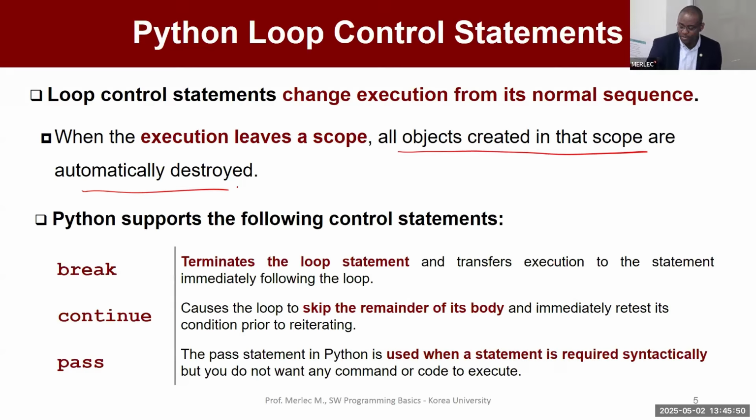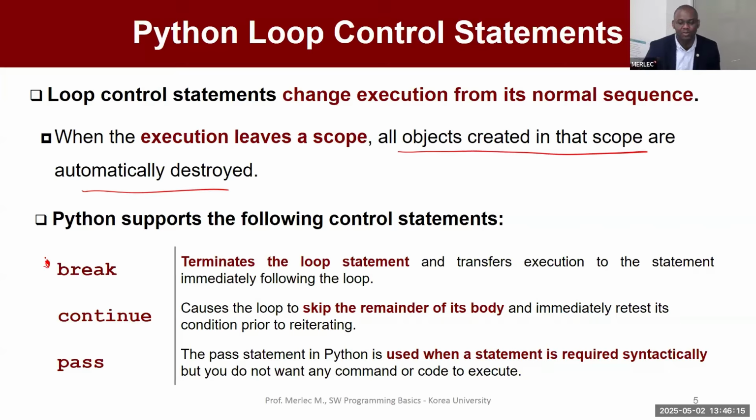For control statements in loops, Python provides three mechanisms to control the flow of the loops. The first keyword is break, because you can implement a loop which iterates continuously without ending.